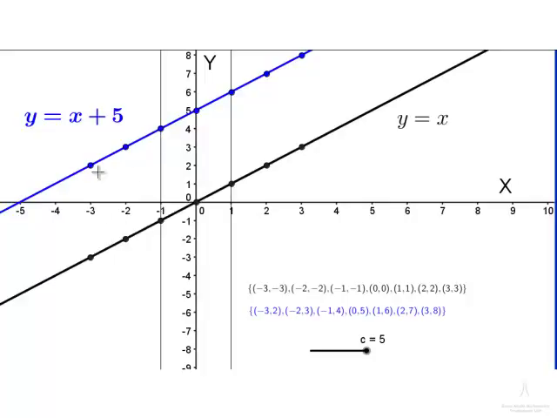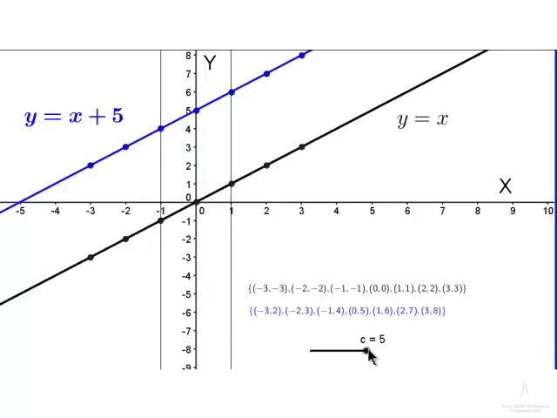Take note of the transformation of all the points. It seems that all the points have shifted 5 units up. And you can also look at these two set notations here and see the changes that took place.